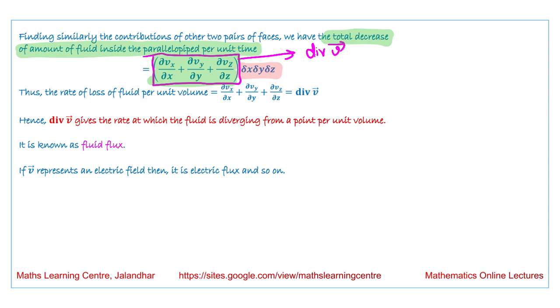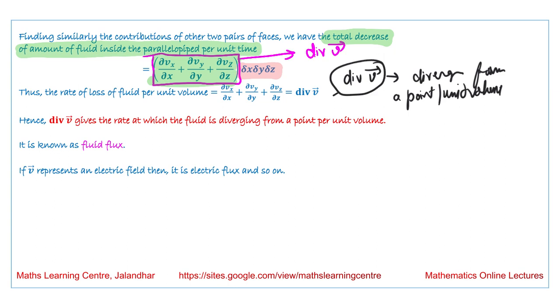So, this divergence of V vector is the rate at which the fluid is diverging from a point per unit volume, and this amount, the divergence of V, is called the fluid flux.